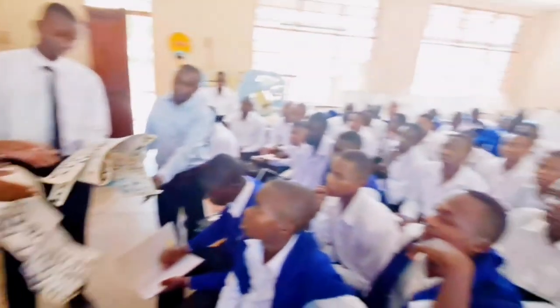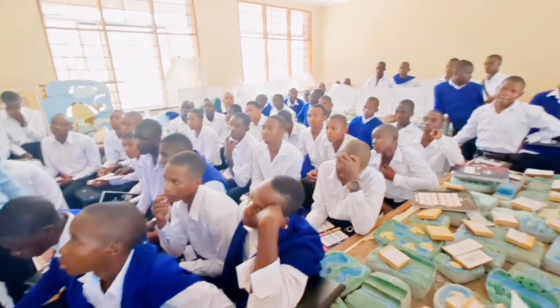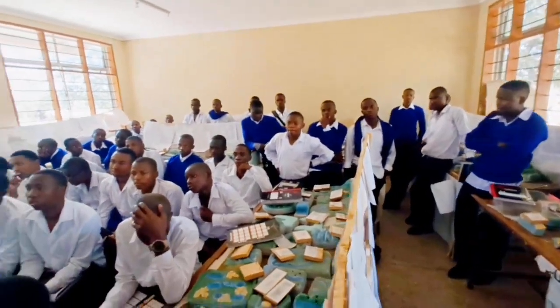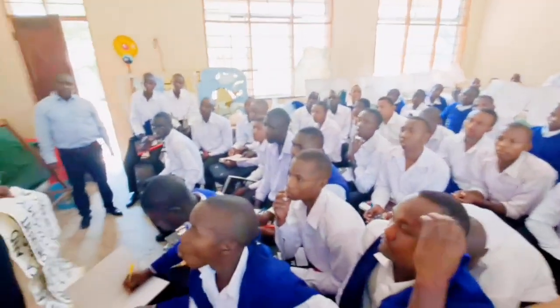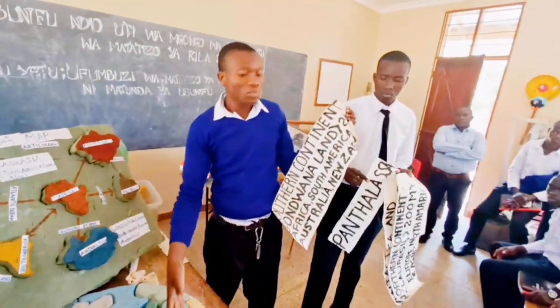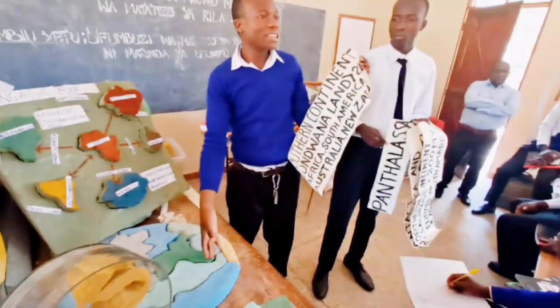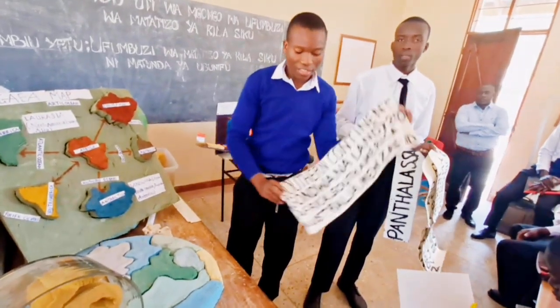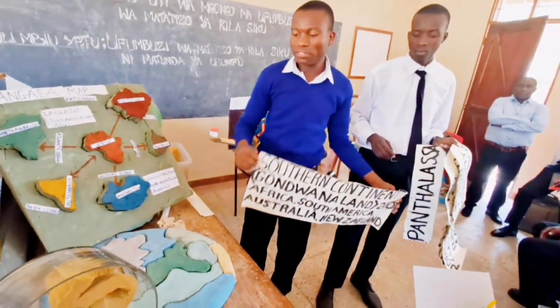So, the southern part of the separation, we call it by another name. We call it what? Gondwanaland. So Gondwanaland was the southern part of the continent after separation.